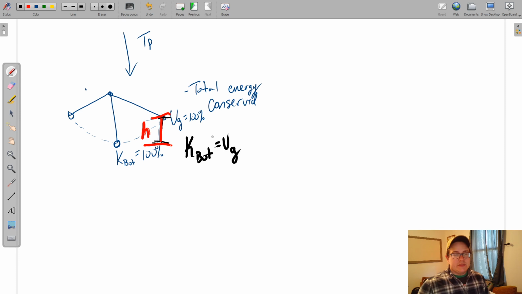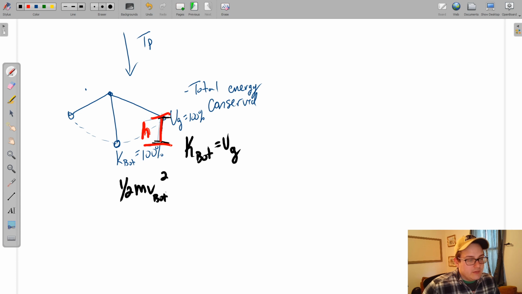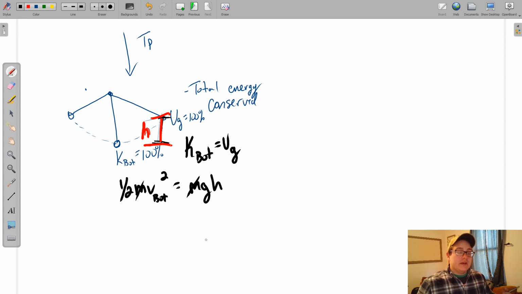The gravitational potential energy specifically. So here you can unpack this a little bit and then say 1/2 mv squared at the bottom equals mgh at the top, or the height from the bottom. And so what you notice here is mass cancels out. And so we find again that mass has no relationship in a pendulum.